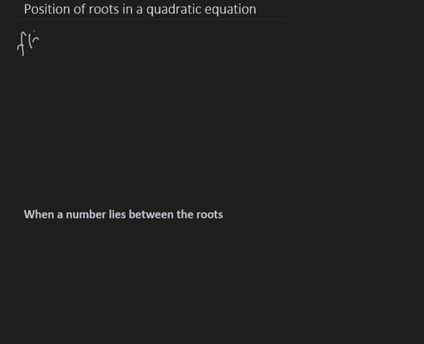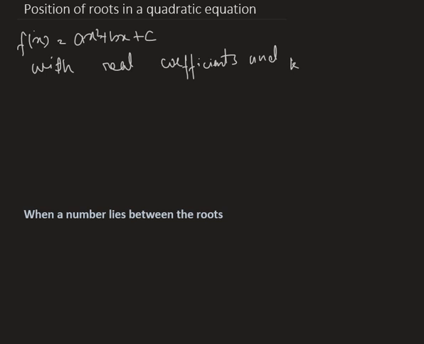Let f(x) equal ax squared plus bx plus c, a quadratic equation with real coefficients, and let k, k1, k2 be real numbers such that k1 is less than k2.